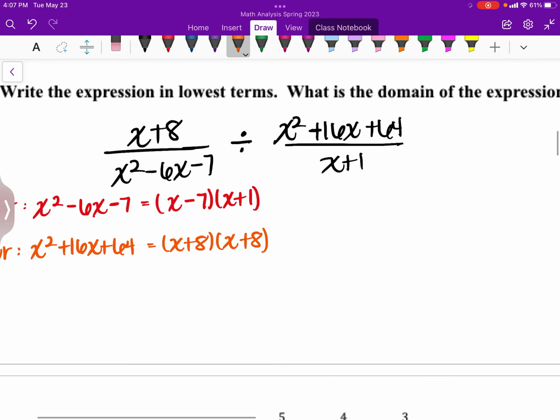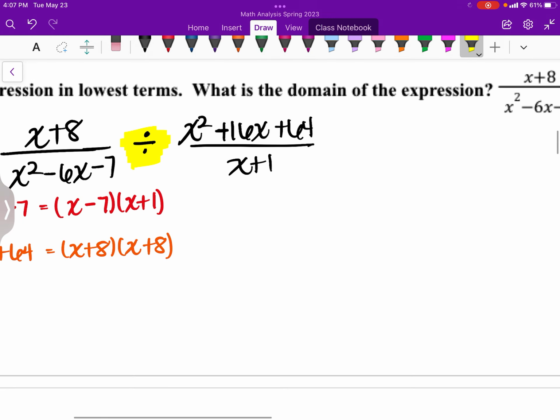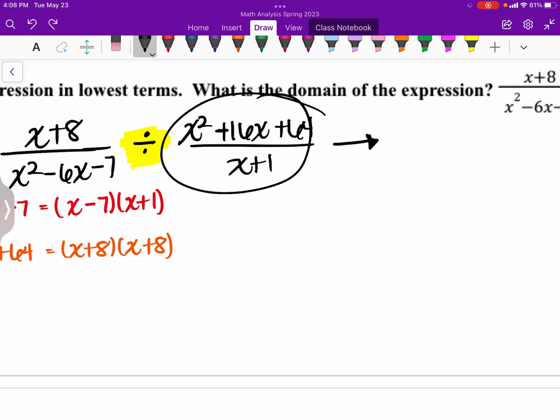Now, one thing I want to take a look at is because this here is division and we have basically a fraction divided by another fraction, we really can't do that. So this actually turns into a multiplication. The only way this could turn into multiplication is if we multiply by the reciprocal. So we have to do the reciprocal of this one here. So multiply by its reciprocal.